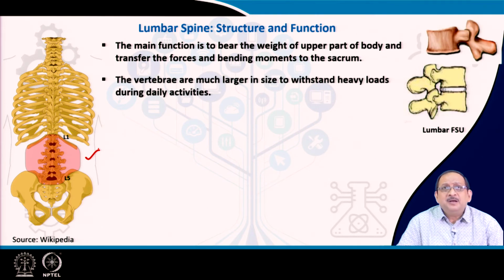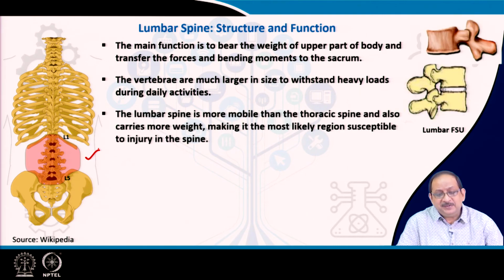The vertebrae in this segment are much larger in size to withstand heavy loads during daily activities. The lumbar spine is more mobile than the thoracic spine and also carries more weight, making it the region most susceptible to injury in the whole spinal structure.